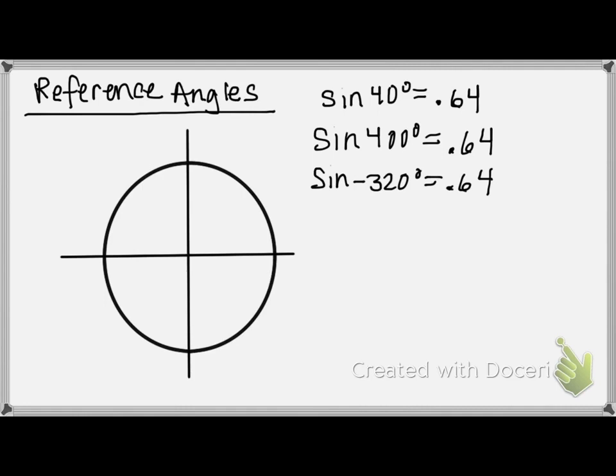So we have that. And I want you to consider, what does it mean when we say that these angles have these values? What does it mean that the sine of 40 degrees is equal to 0.64? One perspective on this is to think about the x, y, r definition of sine.